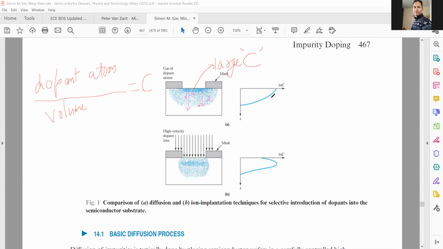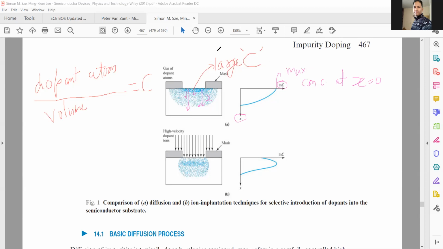So here we have a log of C versus x curve. You can see that this kind of curve you will get. Concentration is maximum at the surface, and by surface we mean x is equal to 0. So this is the case for diffusion.